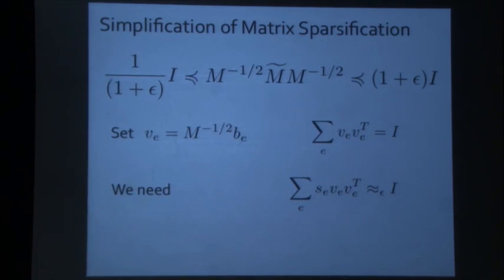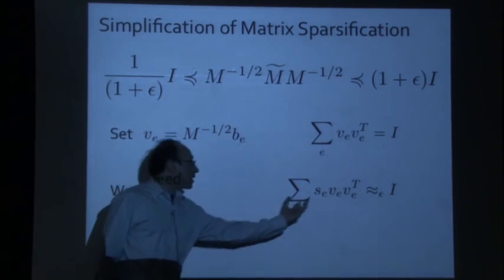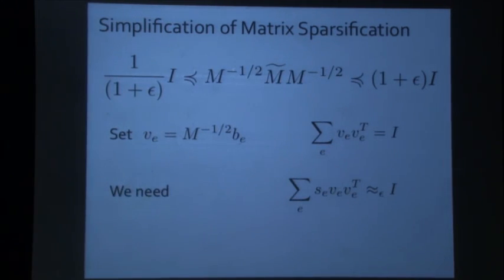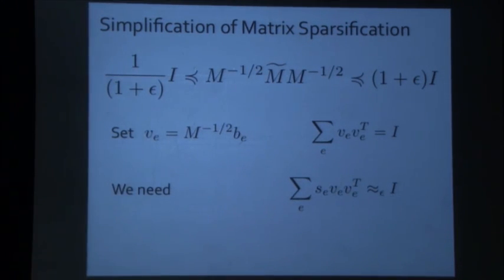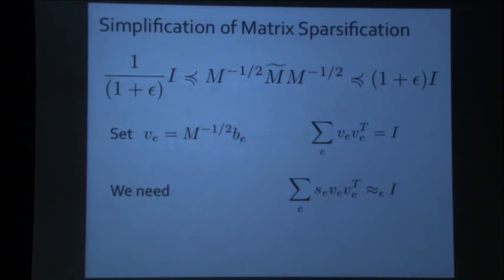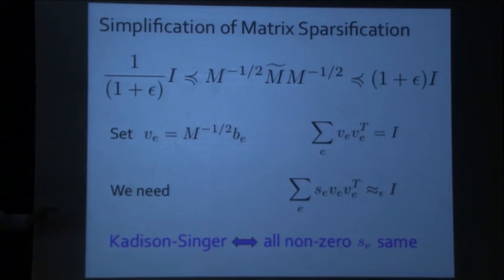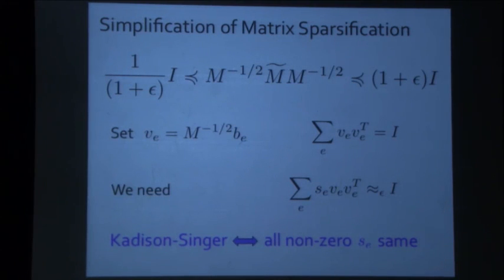Now these scaling factors, you'll see I am very hung up on. The reason is that they come up in a mysterious way in my proof. I'll explain to you exactly where they come up. And if we didn't have them, we would have proved the Cadison-Singer theorem with this result.